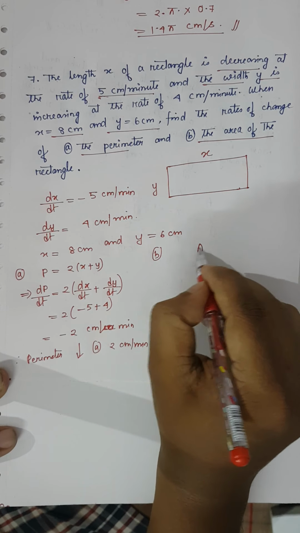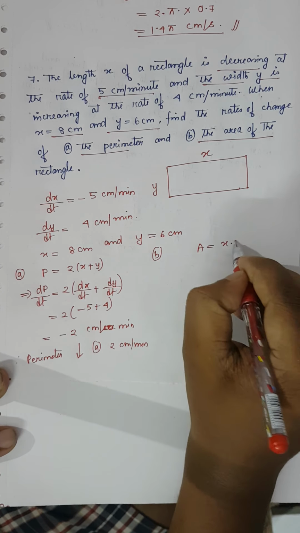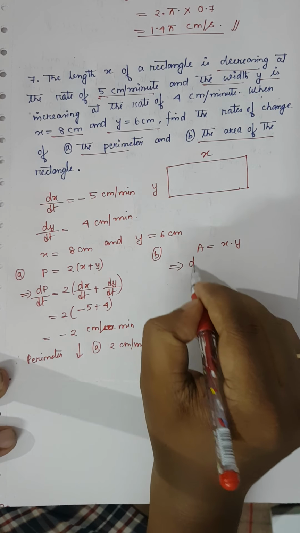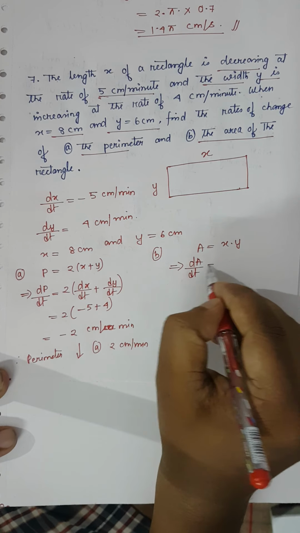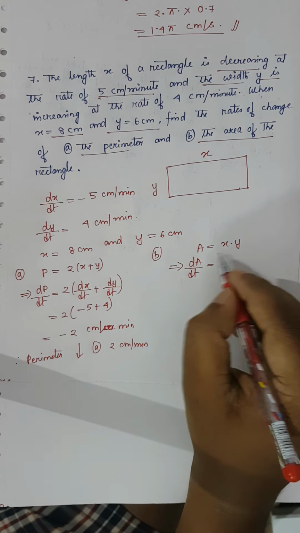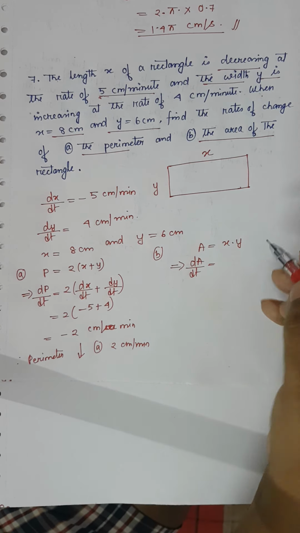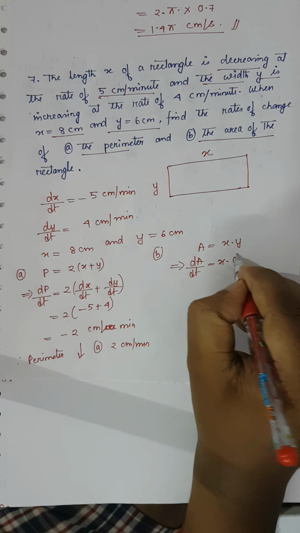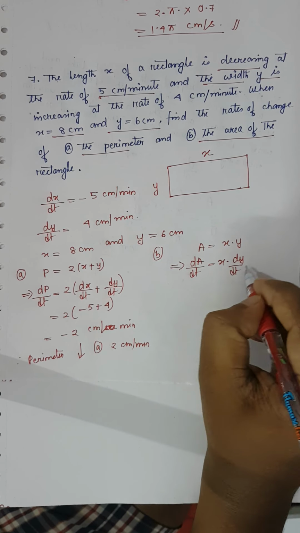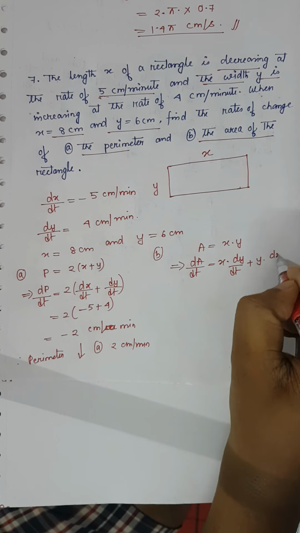For area of the rectangle, it is equal to length into breadth. So if I find dA by dt, now there are two variables x and y. If I differentiate x and y using product rule, it will be x into dy by dt plus y into dx by dt.